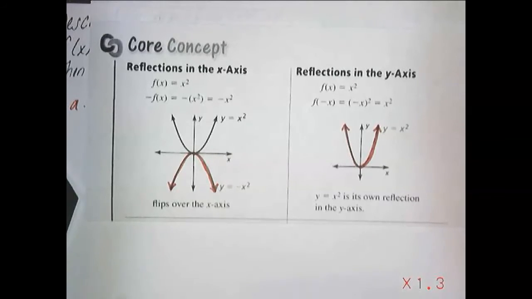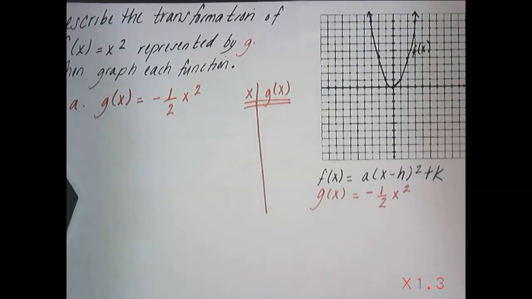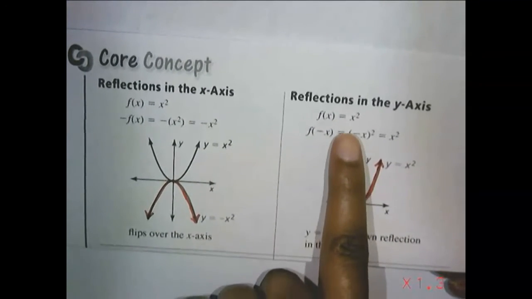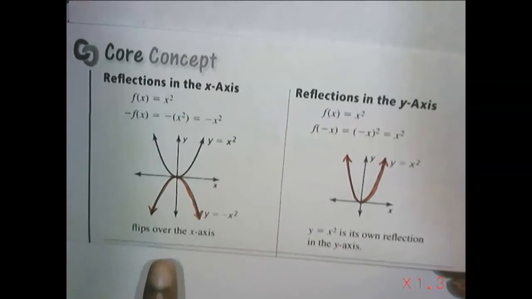So what happened here on our given graph, you see we have that negative all the way in the front. There's no set of parentheses here. So what that negative is going to do is cause our graph to open downward.